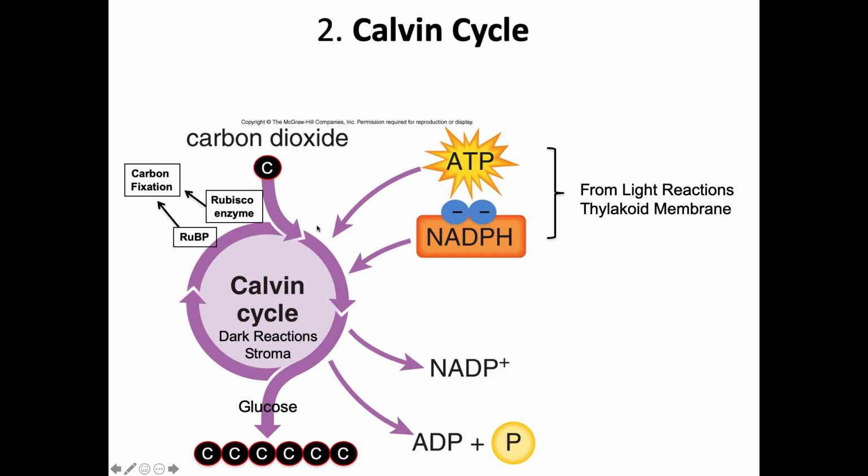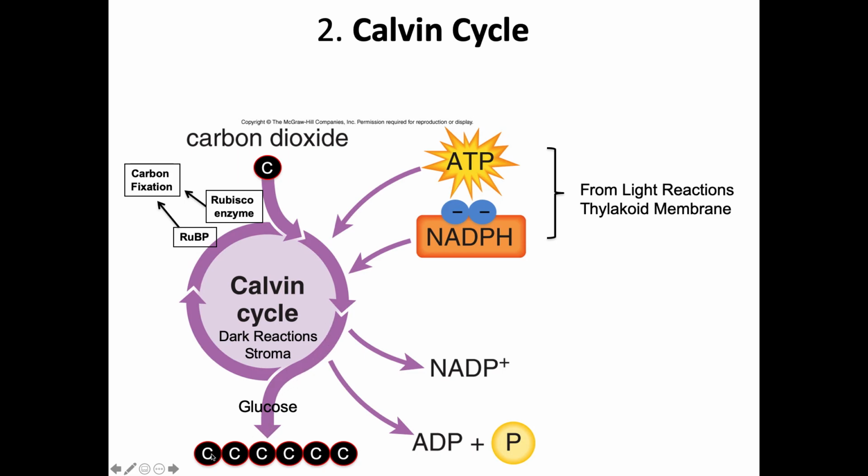And then in this cycle, the plant is going to use ATP and NADPH as a source of energy to make those intermediates so that we can generate glucose.